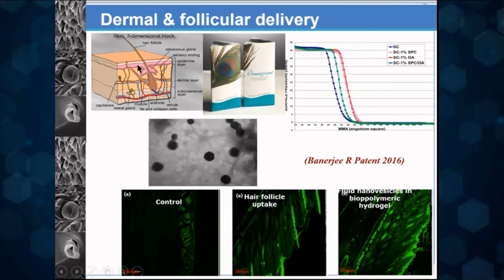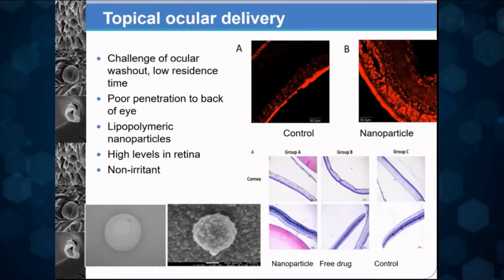The other routes by which you can exploit drug delivery across the skin is also through appendages, one of which is the follicles. Now, the hair follicles are there. If you can design your biomaterial in such a way that it is going to go along your hair shaft and get absorbed through the dermis, that gives you a very interesting alternative route.